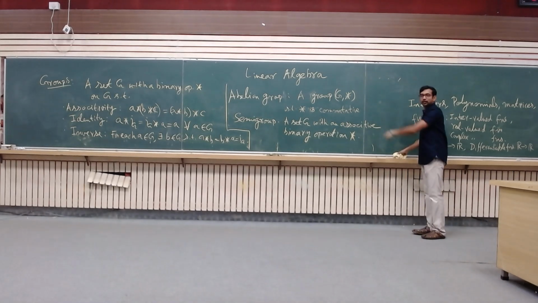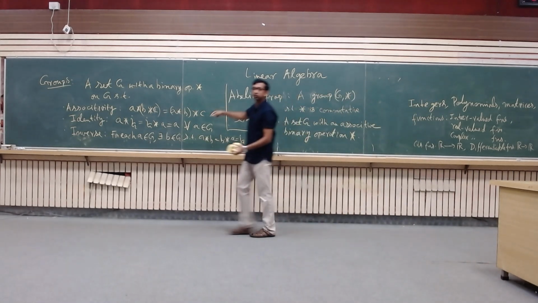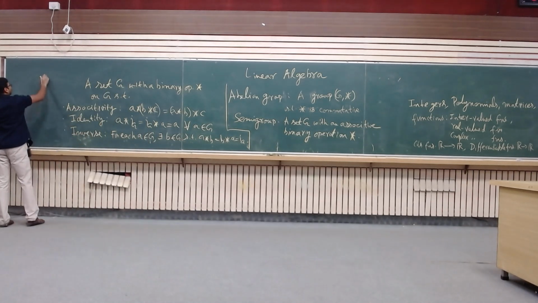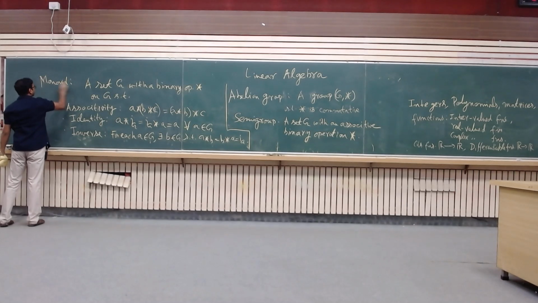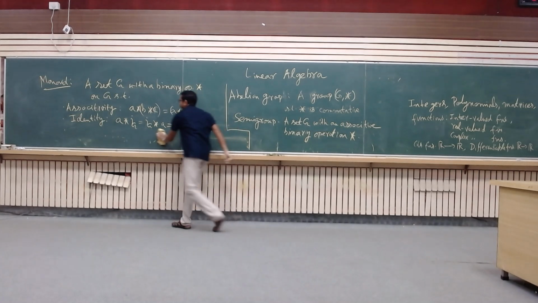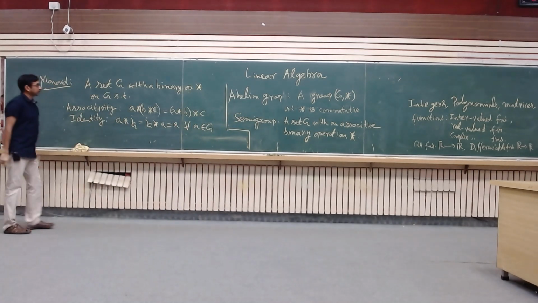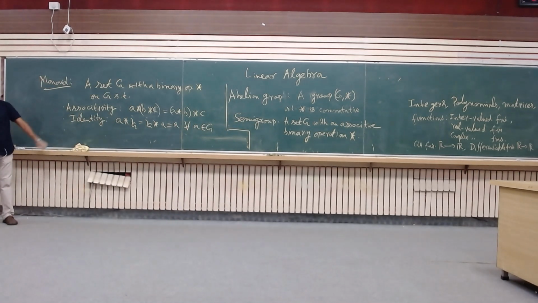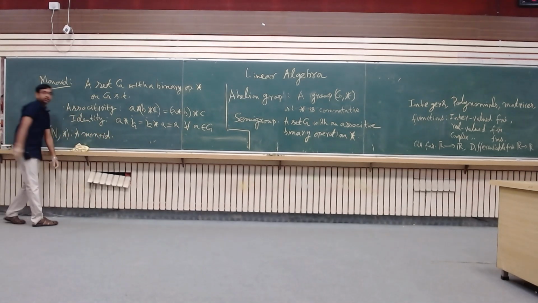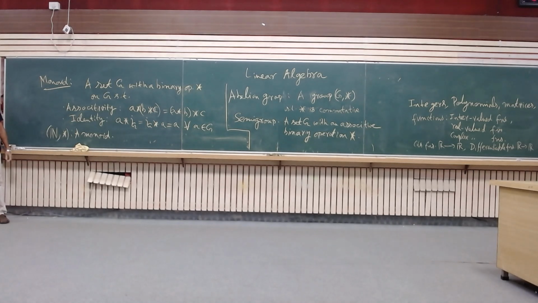Can I write the left board out? The groups? This one? So to call it a monoid, we just wipe out the last condition. And then it's a monoid. For example, this one is a monoid. Wait a minute. Is it a monoid? N star.